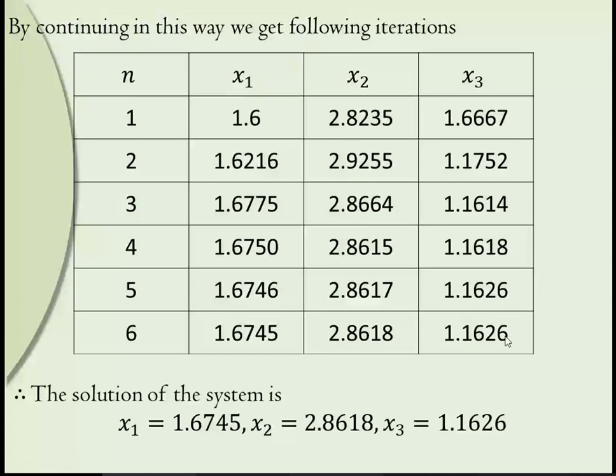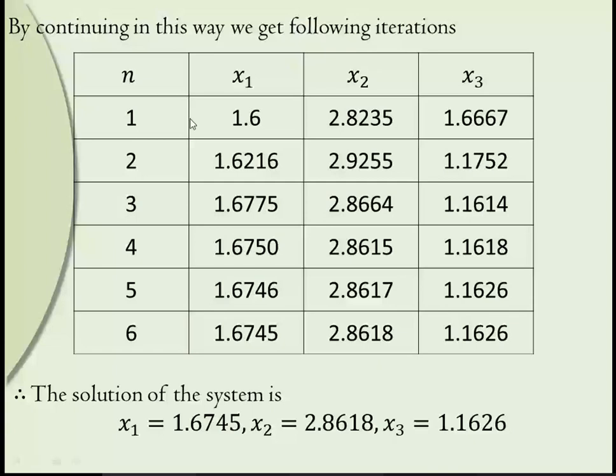Okay, so very easy. First, rearrange the equations properly so that the diagonal elements will be the largest among the other coefficients. Then get the values of x1, x2, x3 in terms of the other variables. Then initially put x1, x2, x3 as 0 into the right hand side, get the first iteration. Then use that new x1, x2, x3 to get the next iteration.